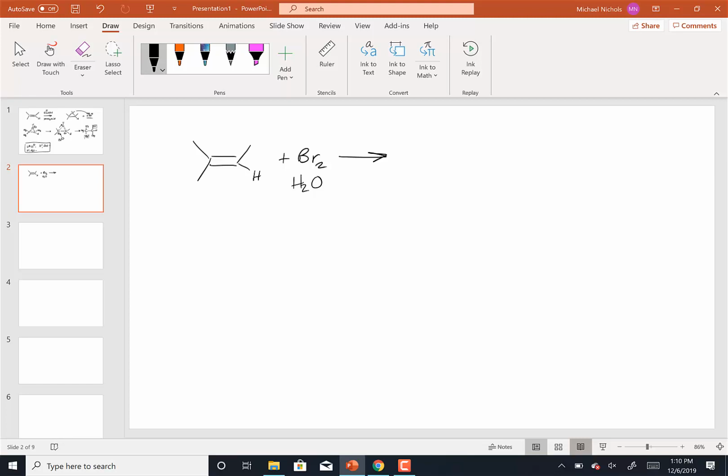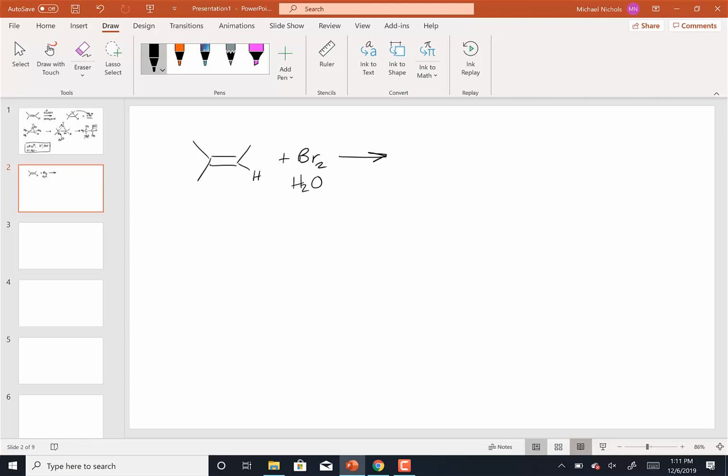So if I add Br2 and water, what am I adding to the double bond? A Br and an OH, Markovnikov. What does that mean? That means the bromine's going to go where the hydrogen would normally go, and then the OH will go on the other carbon. And the Br and the OH add 100% trans.